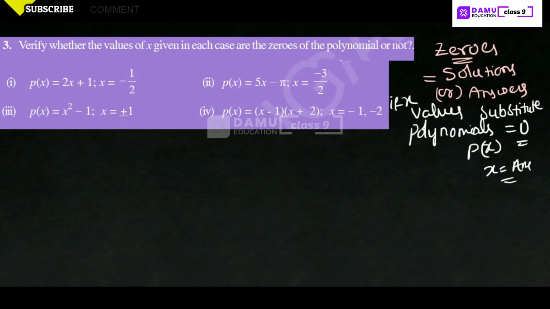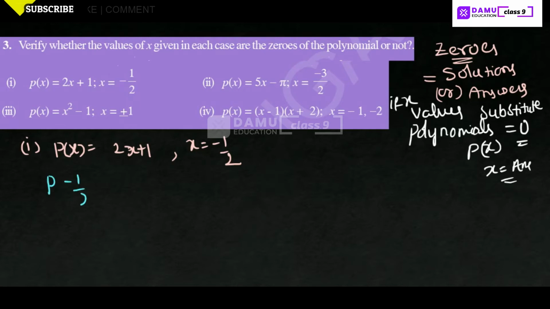So we are going to explain that one. Let's take the first one as p of x equals 2x plus 1. Then x is equal to minus 1 by 2. If you substitute x equals minus 1 by 2 in this, then we should get 0. That is 2 into minus 1 by 2 plus 1.